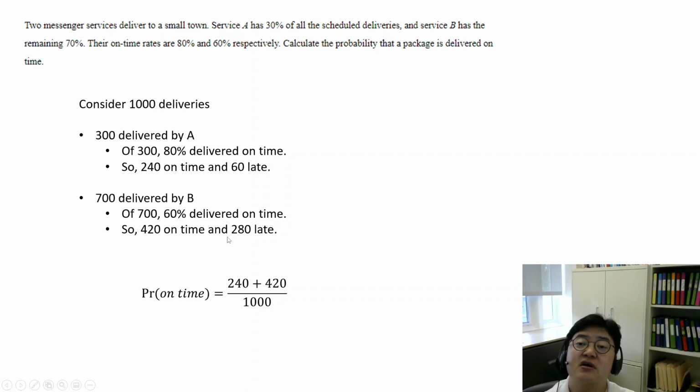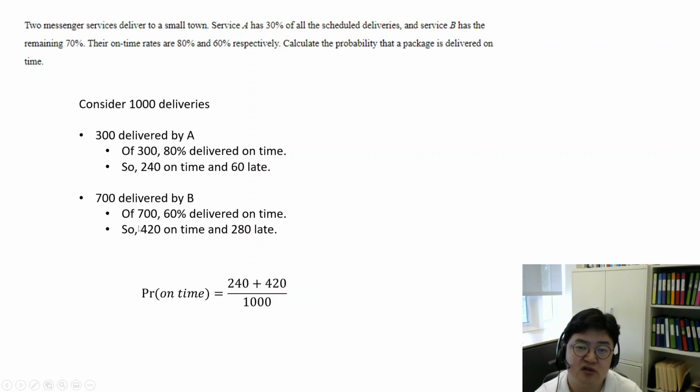And the other 280 packages are late. So we classified 1,000 packages into 4 types. So in the end, we would like to calculate the overall on-time delivery rate. That's out of 1,000 packages, unconditional probability. So the denominator is everything, 1,000.